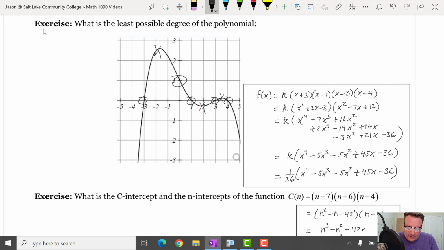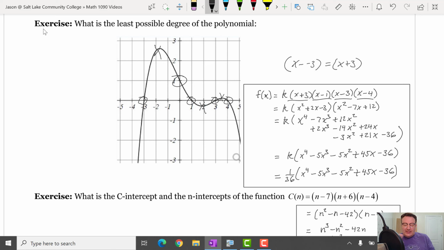I know I have a 0 at x equals -3, so I get this factor of x minus -3, which we just write as x plus 3. The 0 at 1 gives me the factor x minus 1. The 0 at 3 gives me x minus 3. The 0 at 4 gives me x minus 4.